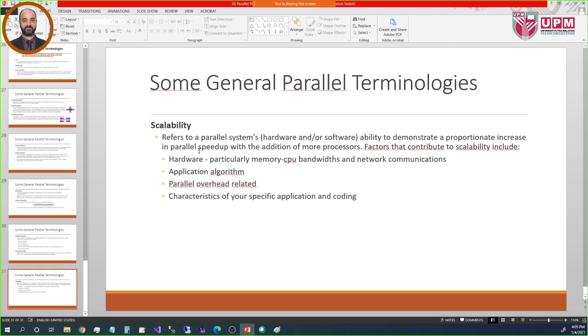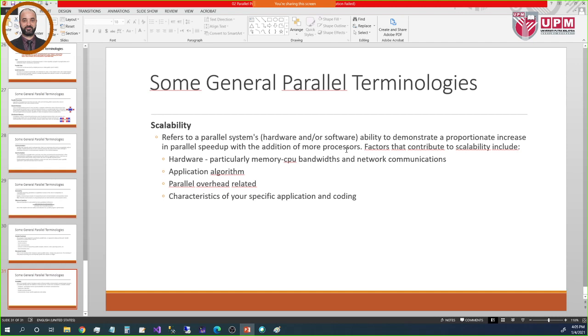Scalability means how easily the system could be expanded, or its capacity or ability could be increased. It refers to a parallel system's hardware and/or software ability to demonstrate a proportionate increase in parallel speedup with the addition of more processors.